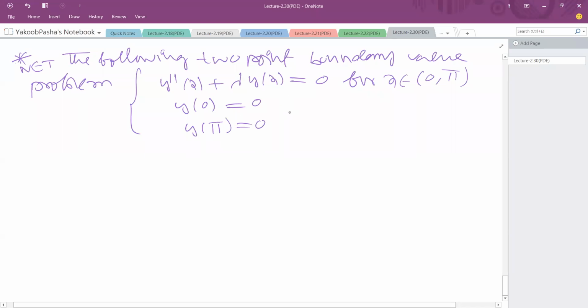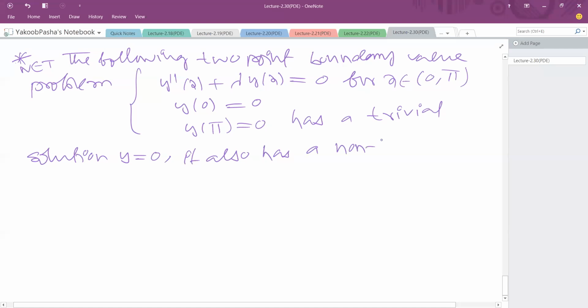As a trivial solution, y equal to 0, it also has a non-trivial solution for... we have options here. Getting one by one.